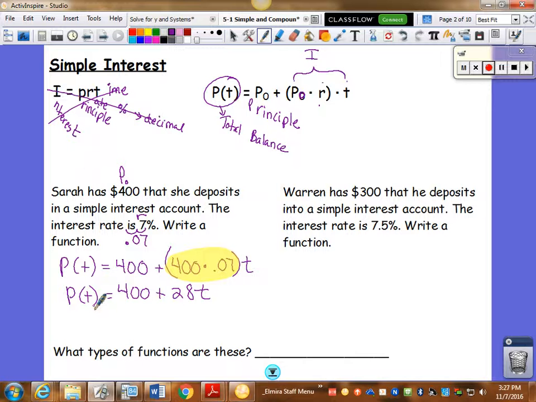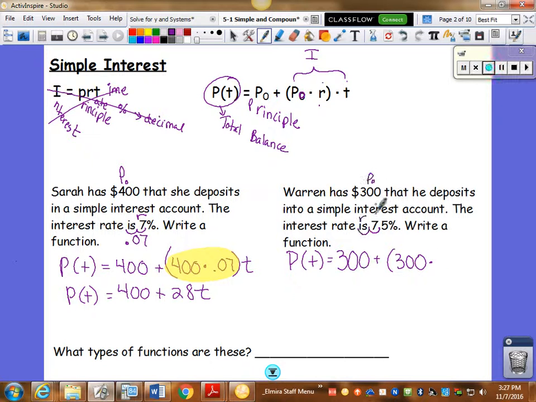Warren has $300 that he deposits in a simple interest account. Same idea, except this time our initial amount or principal is $300 plus 300 times, again, we have to move that decimal over.